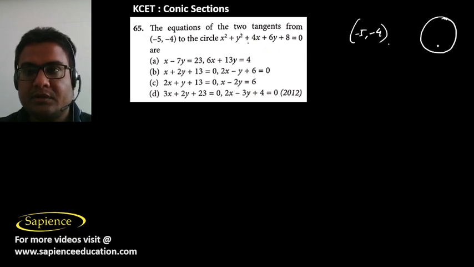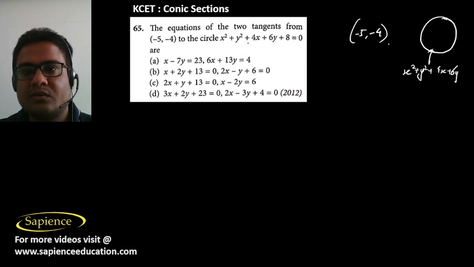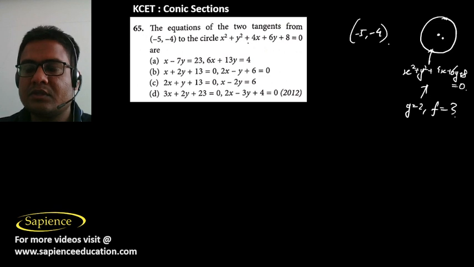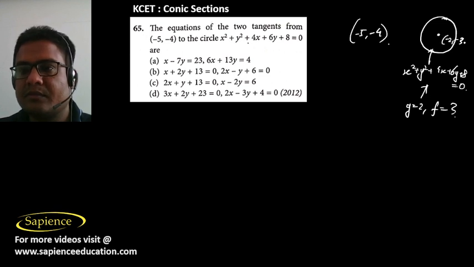Here we have a circle whose equation is x squared plus y squared plus 4x plus 6y plus 8 equal to 0. So here g equals 2 and f equals 3. Therefore the center of the circle is (-2, -3).